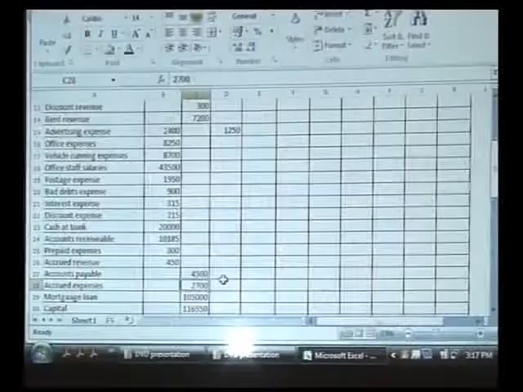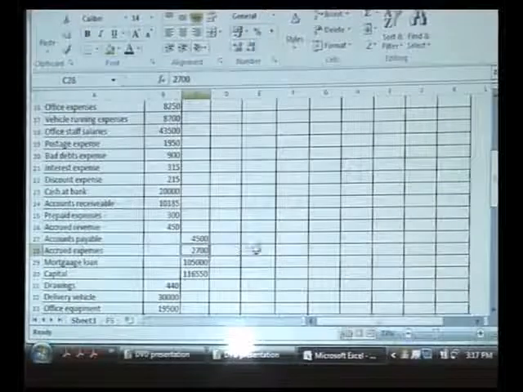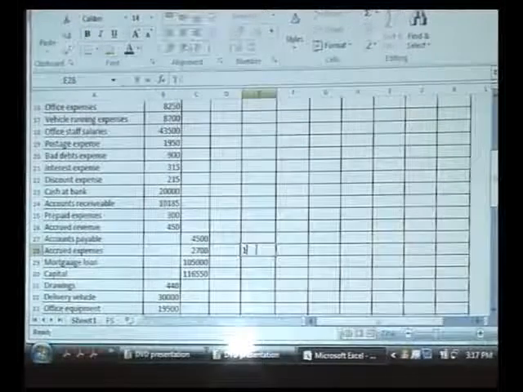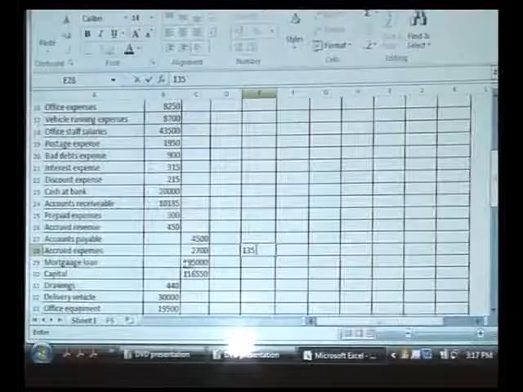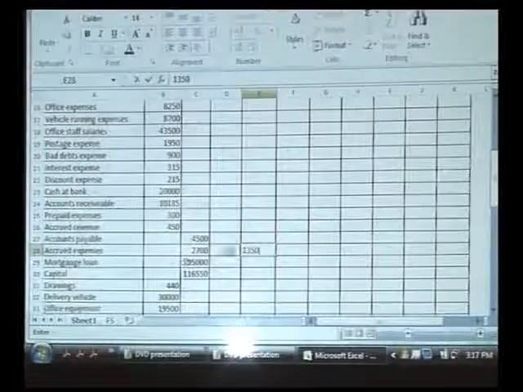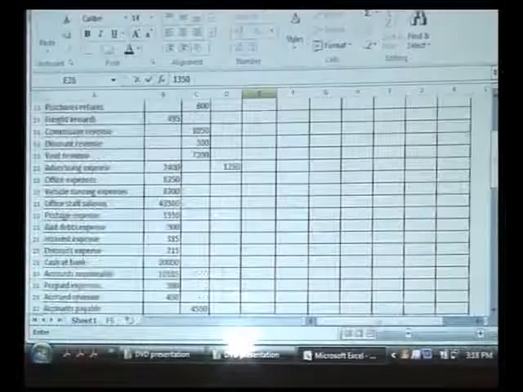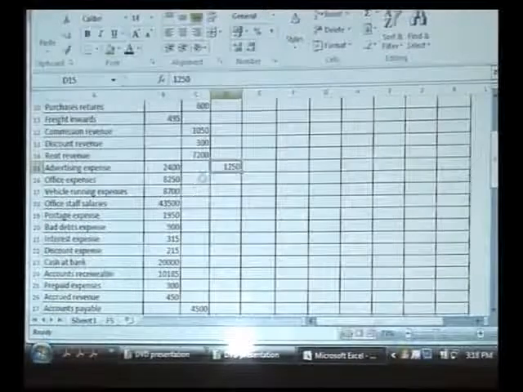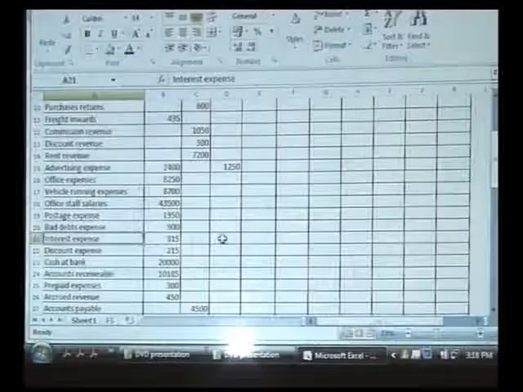So therefore accrued expense in total is 1,350. Enter 1,350 here, and 1,250 advertising expense. The other one is interest expense here.